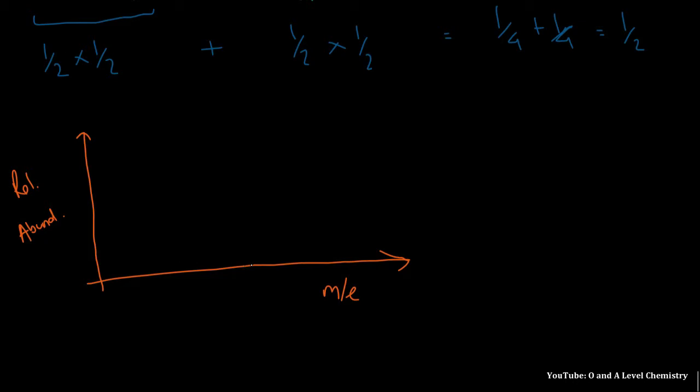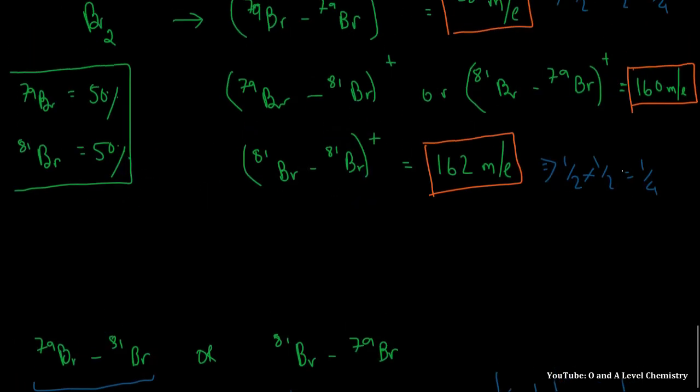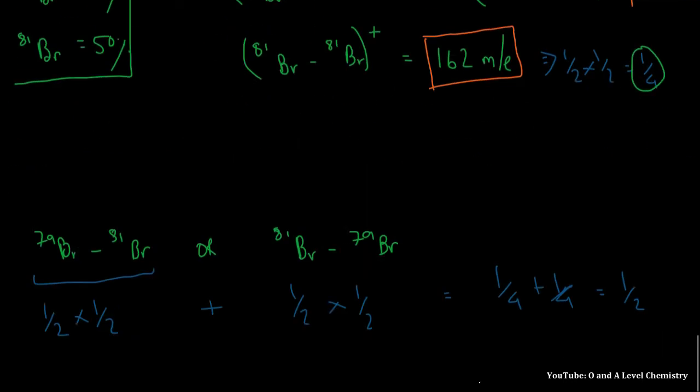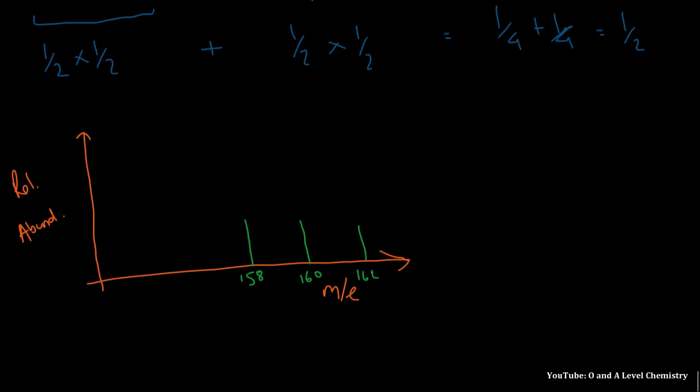So let's say this is 158. I'm going to have one peak at 160. I'm going to have one peak at 162. So the height of 158 is 1 by 4. The height of 162 is also 1 by 4. So 158 and 162 are going to be 1 by 4, the same height, right?